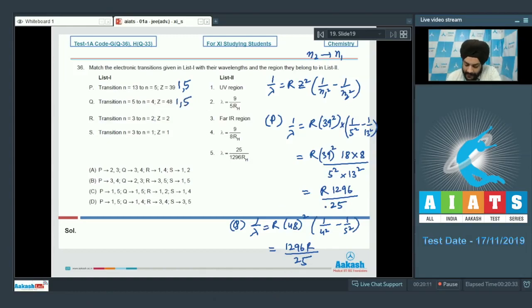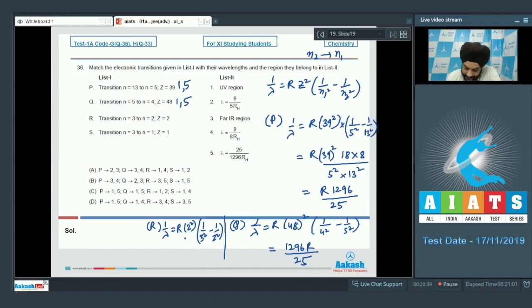Okay. If we talk about the R option now, students, in the R option we have Z equal to 2 and n equal to 3 to n equal to 2. Okay. So 1 by lambda is equal to R into Z square. The value of Z is 2 square. And if we talk about n1 and n2, they are 2 and 3 respectively. So 1 by 2 square minus 1 by 3 square. Okay.